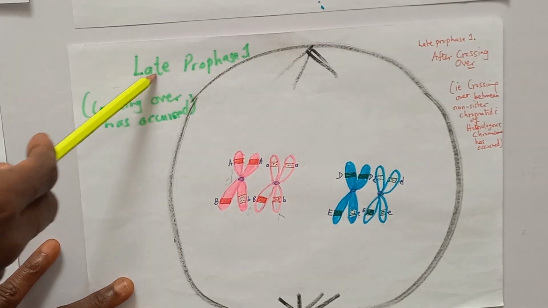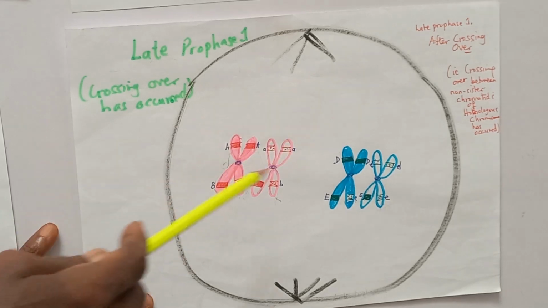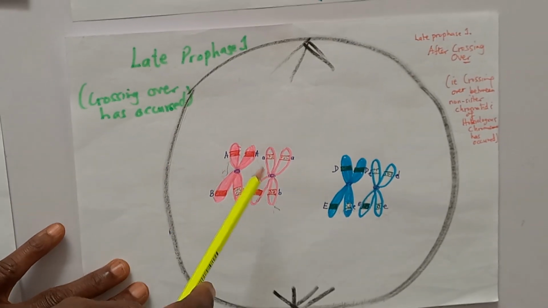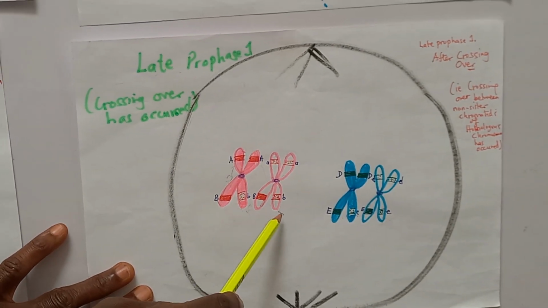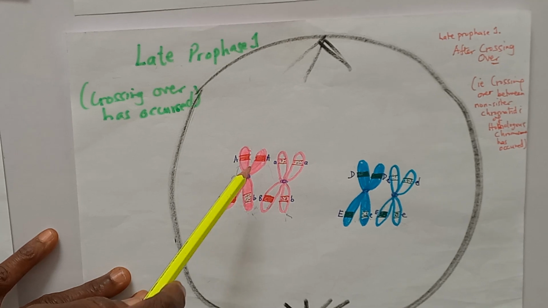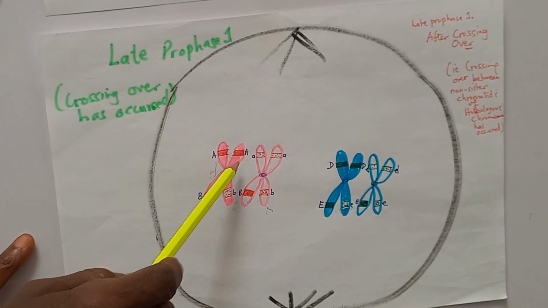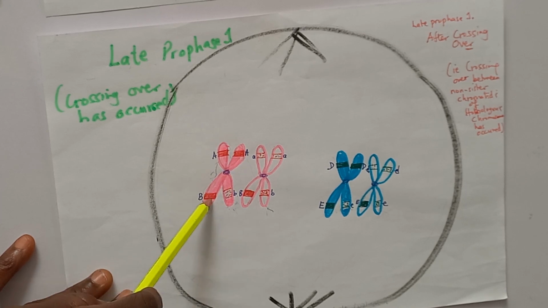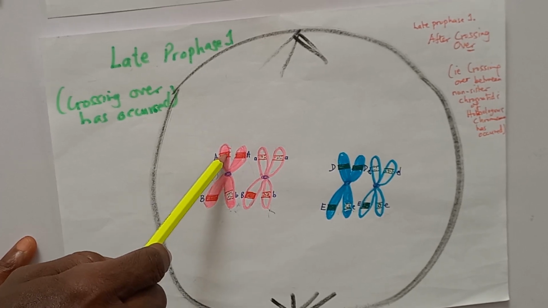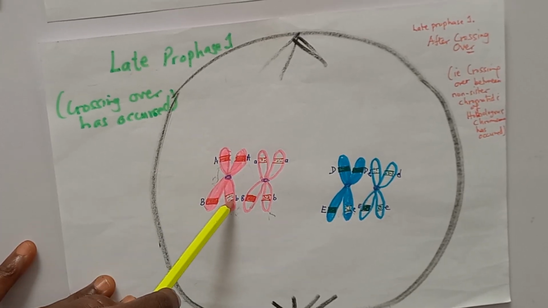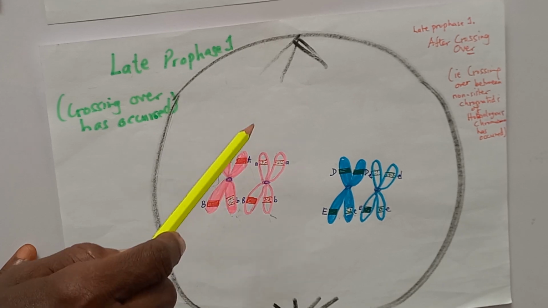By late prophase 1, crossing over has taken place between non-sister chromatids of homologous chromosomes. So you see, we started with this chromatid having gene big A, gene big B, and this one gene big A, but it now has gene small b because of the crossing over.